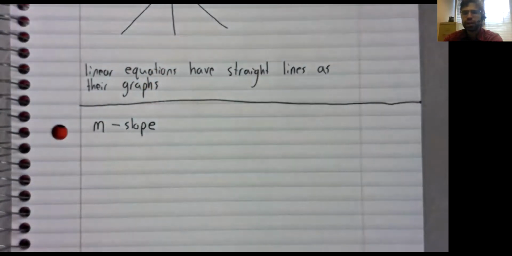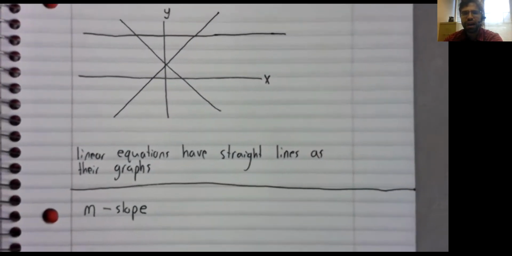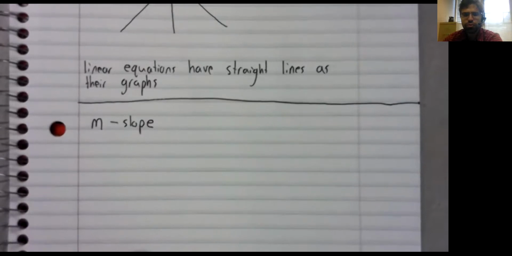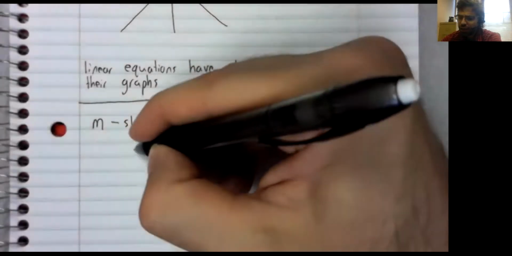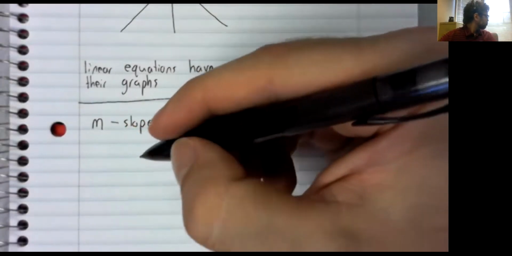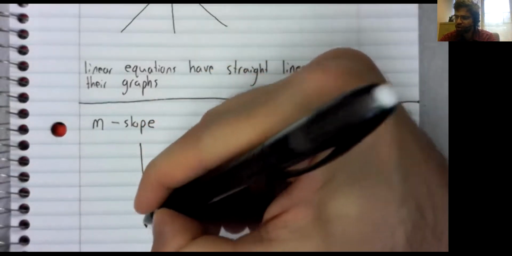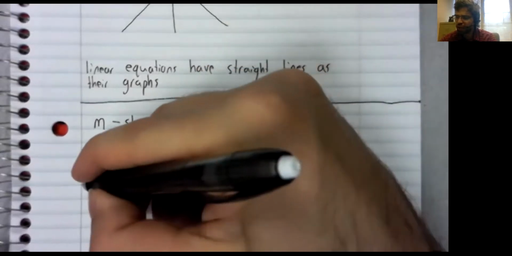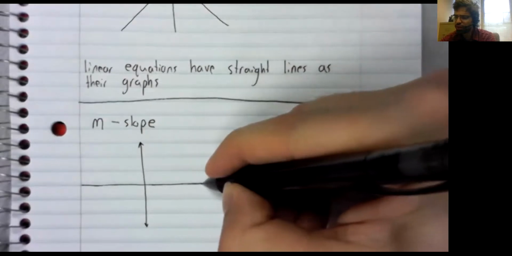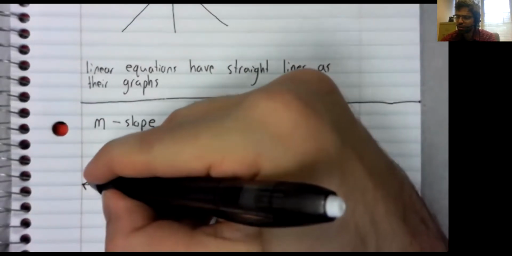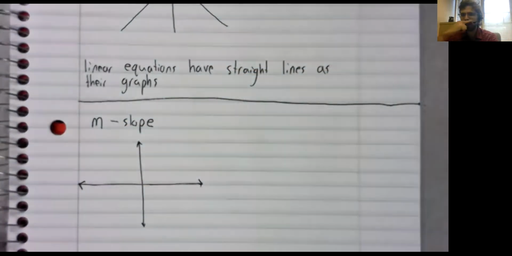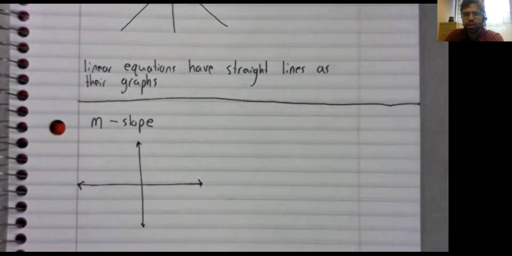When we're considering linear equations graphically, we usually call m the slope. And the slope controls a few things. We'll discuss it in a little more depth in a later video.